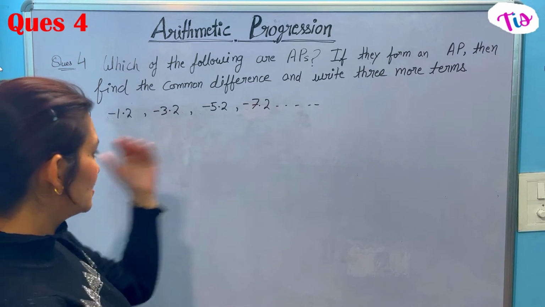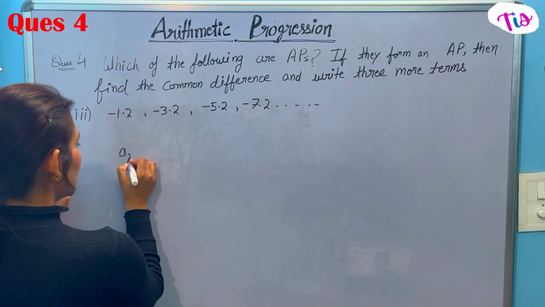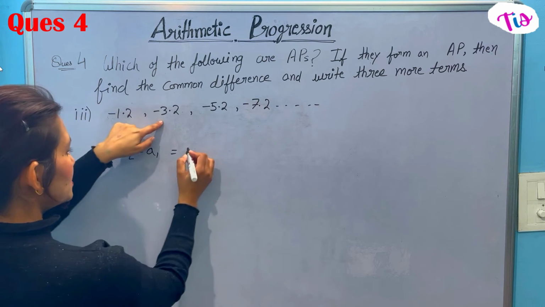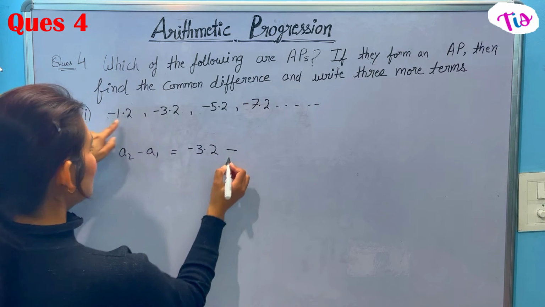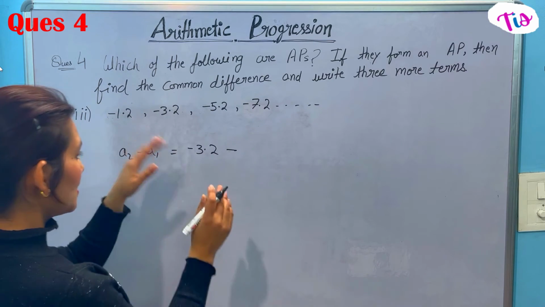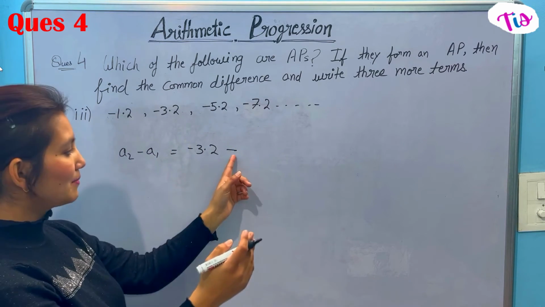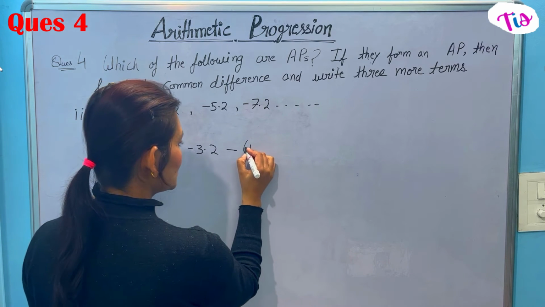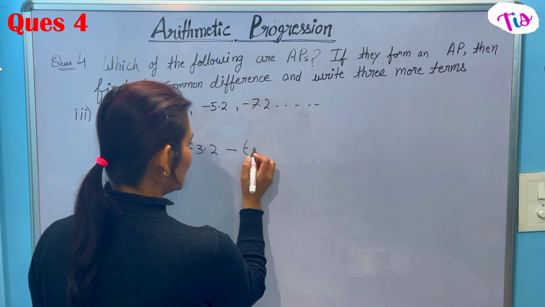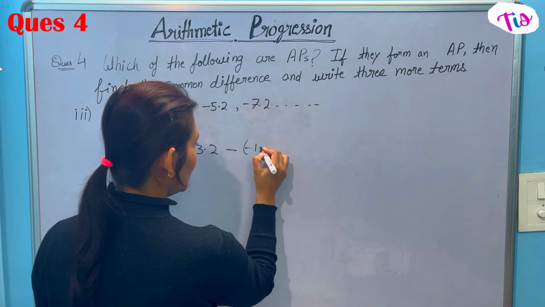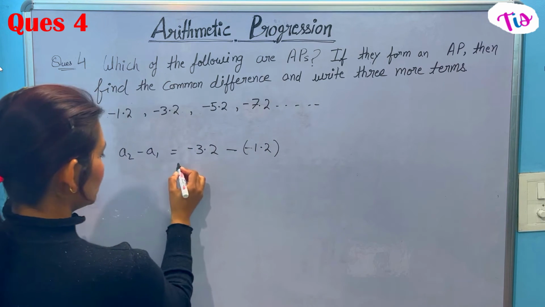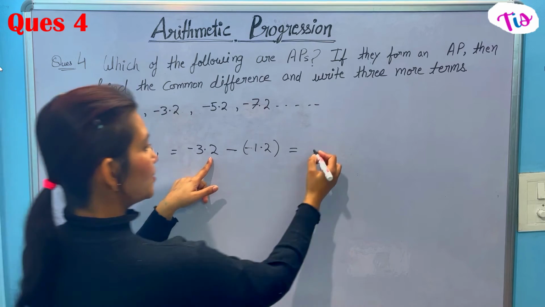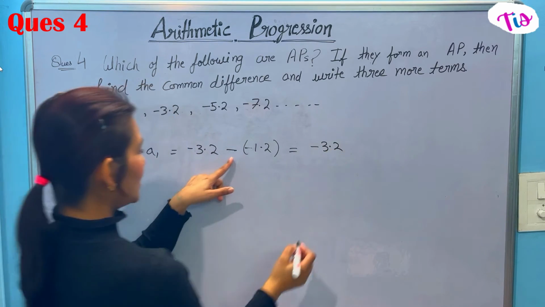So let's solve it. What is A2 minus A1? A2 is minus 3.2, minus A1. Be careful with the signs. A1 is minus 1.2, so it will be minus 3.2, minus of minus 1.2.